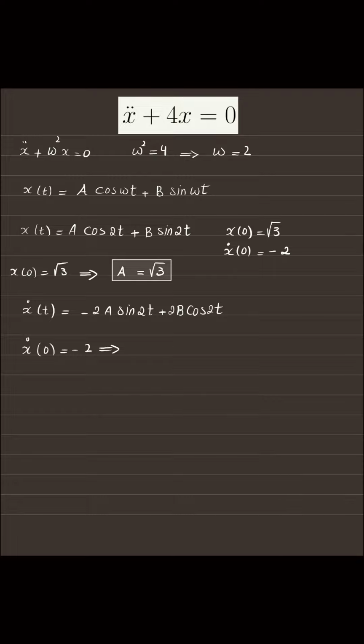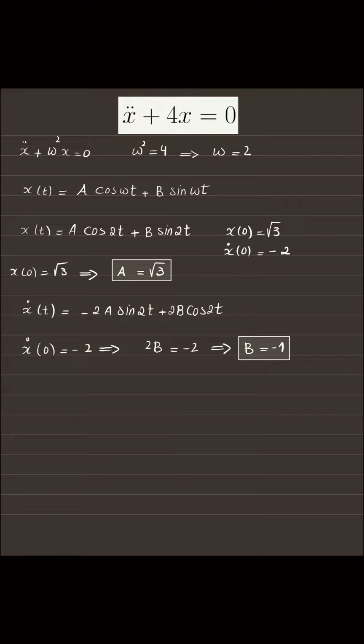This means that if I go to this derivative, replace t everywhere with 0, the answer is supposed to be minus 2. If I replace this t with 0, sine of 0 is 0, so this vanishes. If I replace this with 0, cosine of 0 is 1, so the left hand side simply becomes 2B, and the right hand side is minus 2. Then I can also immediately find that B is equal to minus 1.